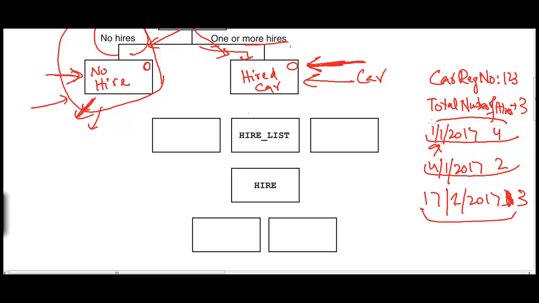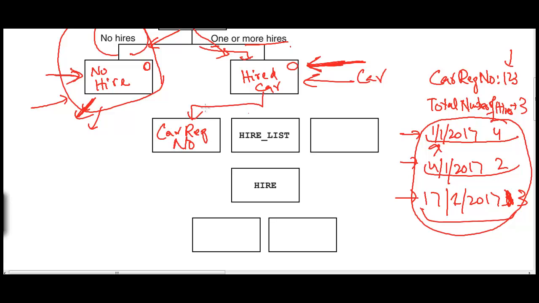So this is the kind of information that we'll have to display multiple times, but this information needs to be included once on the report only. So we are going to say that the car registration number is going to be output once only. That's what is needed.